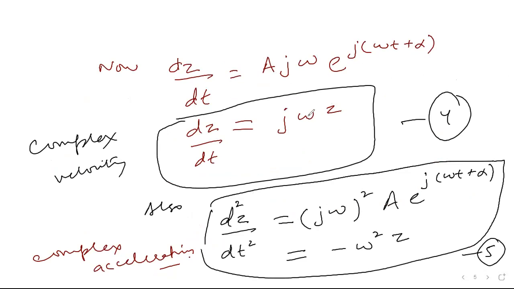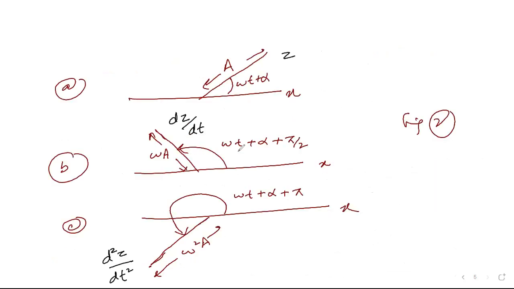Now this omega appears here. It has length a omega, but this multiplication of j rotates dz by dt compared to z by 90 degrees or pi by 2 radians in the counterclockwise sense. So the angle made by it will be omega t plus alpha plus pi by 2.